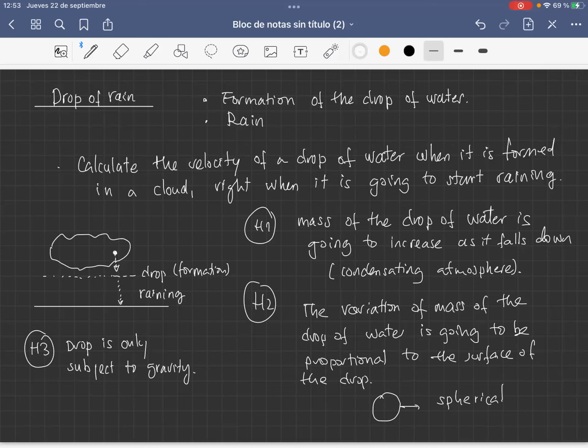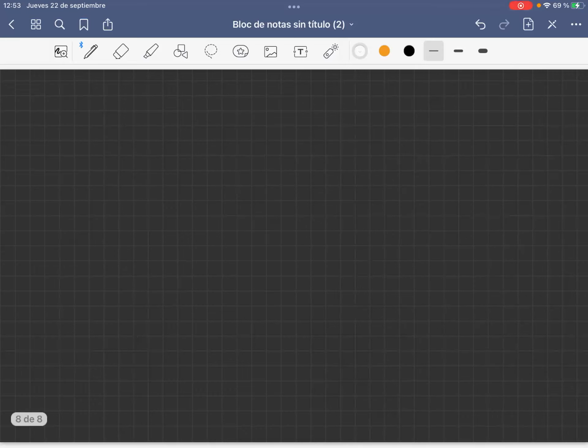So let me start with them, how to rewrite these hypotheses. First of all, let me consider the density to be equal to 1, okay? So that means that if my density equals 1, the mass of the drop divided by the volume gets me that the mass is the volume.